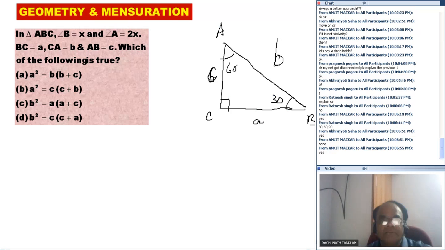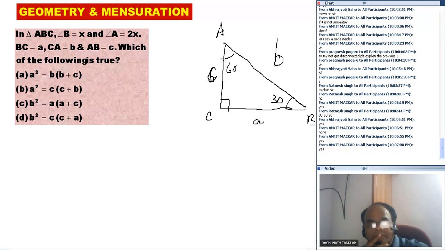Yes. It should be true for a right angle triangle. So look at it like that. If there's no choice which says none of this or cannot be determined, we should look at something like this. But how do you do it mathematically?